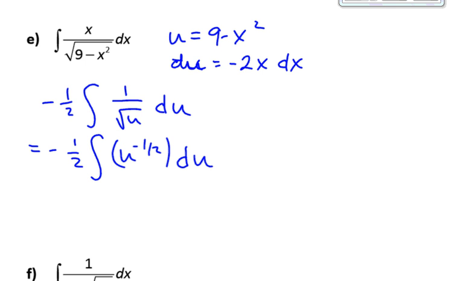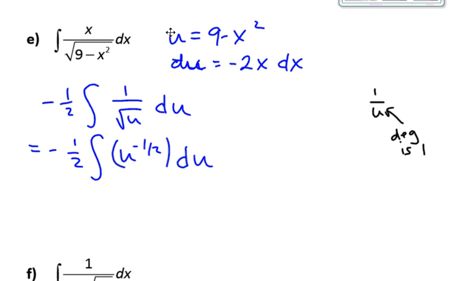The reason why we have to use natural log is because when we have 1 over u, the degree of u is 1. So the degree of u in this problem is 1/2. So we only use natural log if the degree of whatever is in the denominator is 1 when I integrate. So if you go in terms of u, and the degree is not 1, then you cannot say that that's equal to natural log.